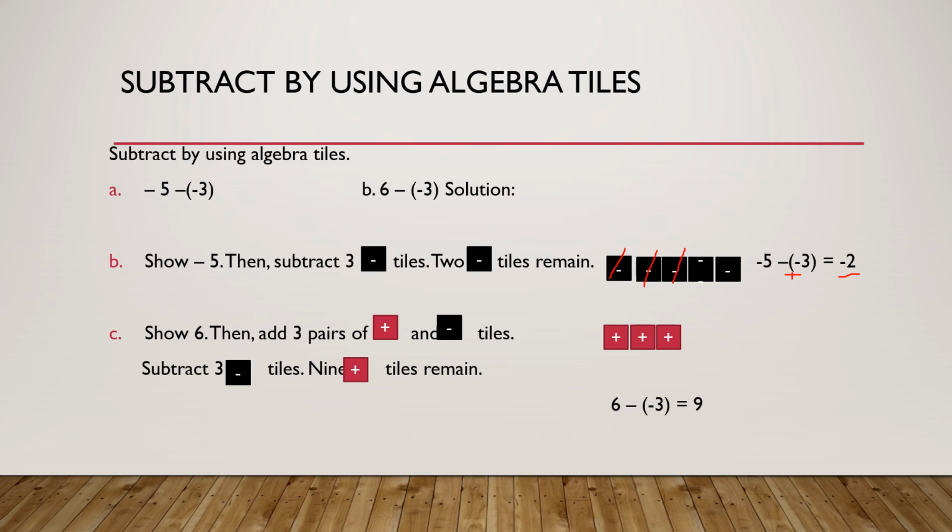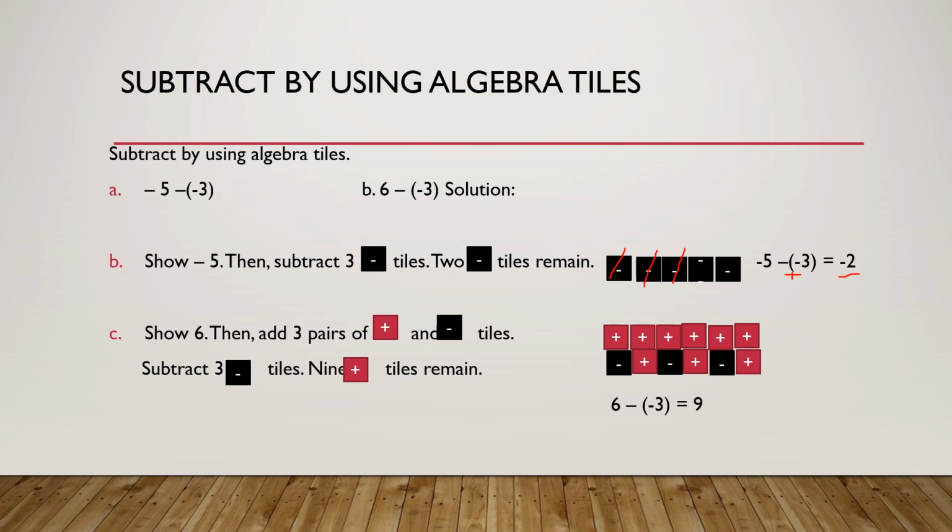Okay, so we have 6 minus negative 3. Show 6 positive tiles. Then add 3 pairs, a positive and negative. So, dadagdagan natin ng tatlong pairs or zero pairs.